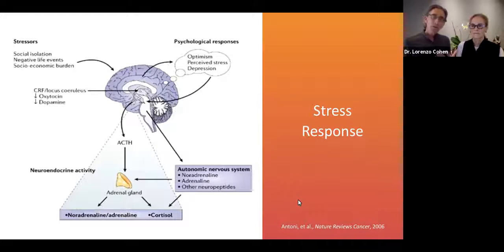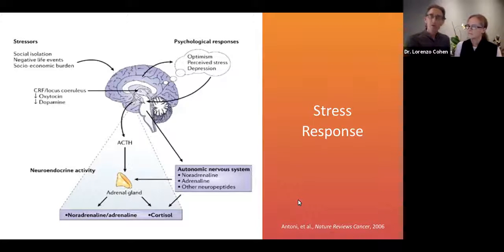Now, from an acute perspective, and actually evolutionarily speaking, this response, what's called the fight or flight response, our mobilization in those situations, is extremely adaptive. And I would argue that we have evolved from ancestors who had an exquisitely sensitive and reactive stress response, because those are the individuals who could sense danger and get out of danger more effectively, quickly.